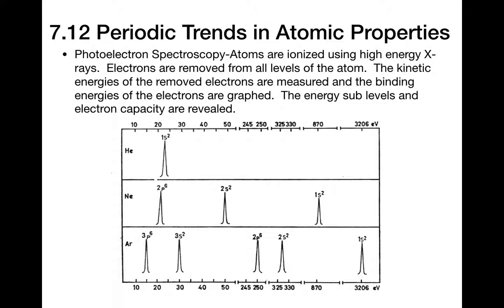So the size of the peaks can tell us how many electrons are in each sublevel, and the energy of the peaks shows us from low to high how many sublevels the atom has. So for argon, we find we have 5 peaks that correspond to the 1s, the 2s, the 2p, the 3s, and the 3p. So we will be doing a photoelectron spectroscopy activity on a worksheet this week to practice our interpretation of PES diagrams like these, or graphs like these.